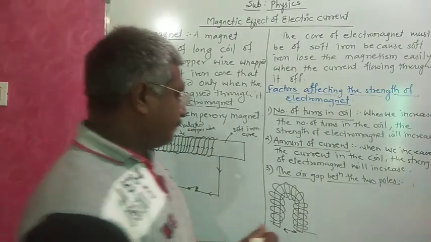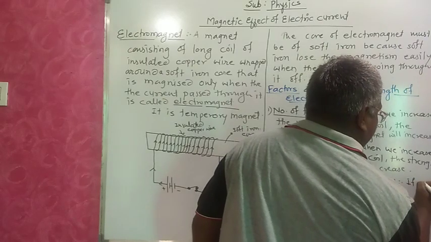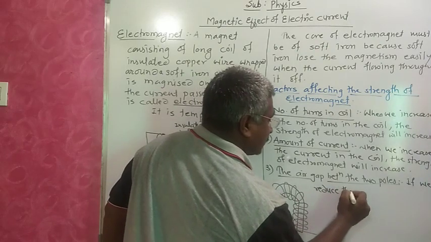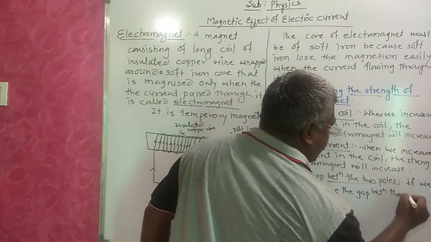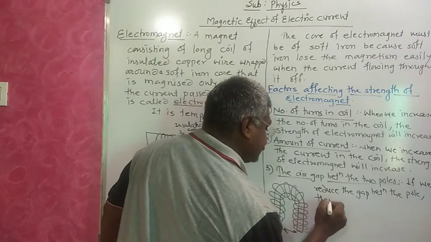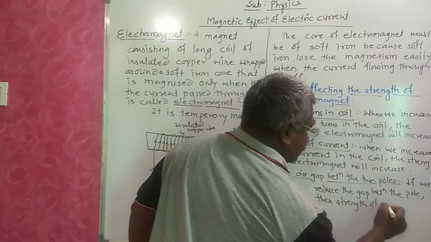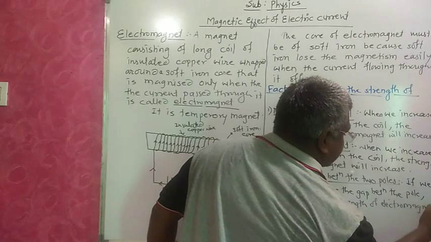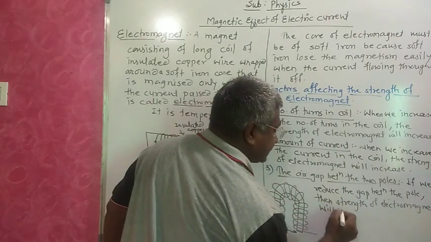So what we can say: if we reduce the gap between the poles, then the strength of the electromagnet will increase.